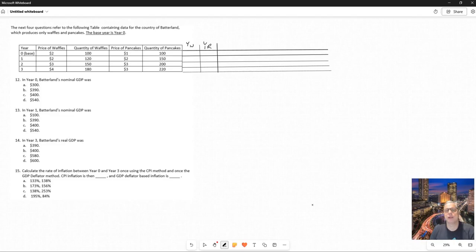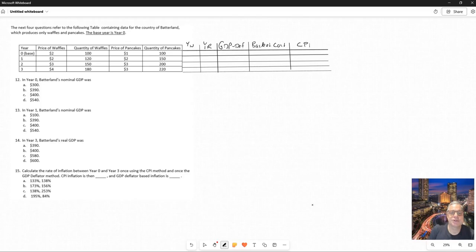Then we have to calculate the GDP deflator. Then we have to calculate the basket cost for the CPI. And then from the cost of the basket, we calculate the CPI.